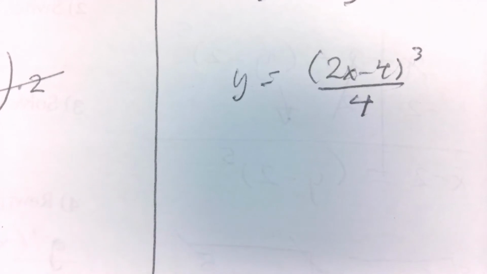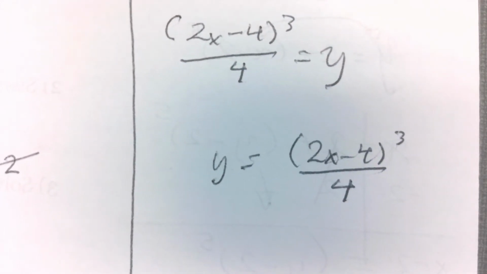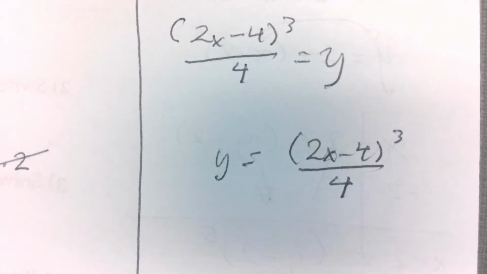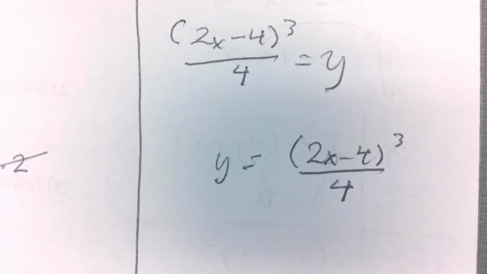Okay, now what's our last step? We've got y by itself. What's step 4? Look at your front cover if you need help. Rewrite y as v of x. Kind of. On ours, what's H of x?